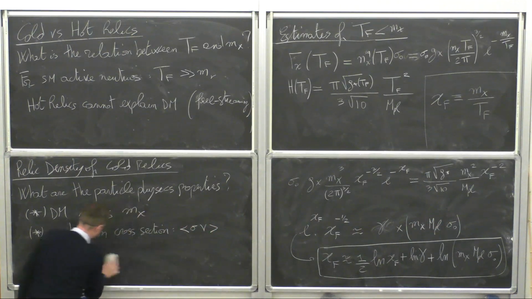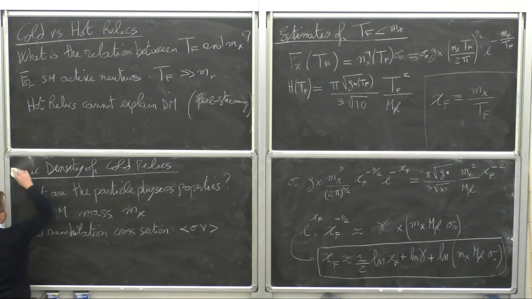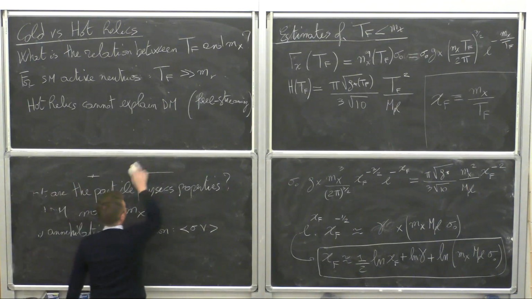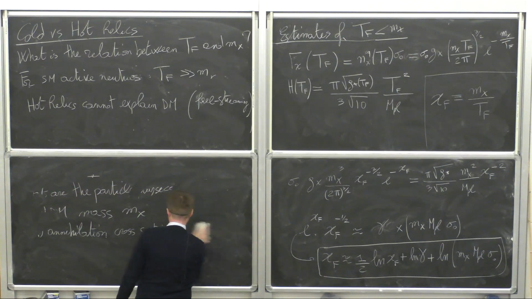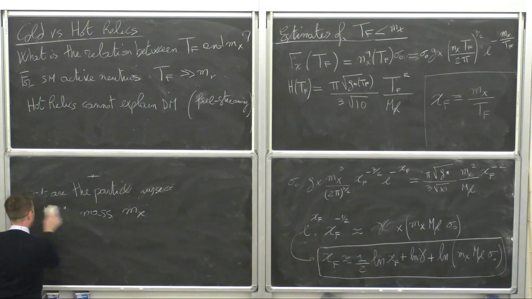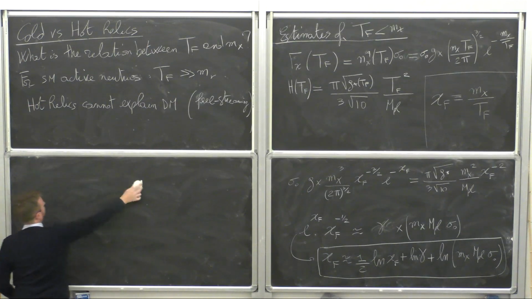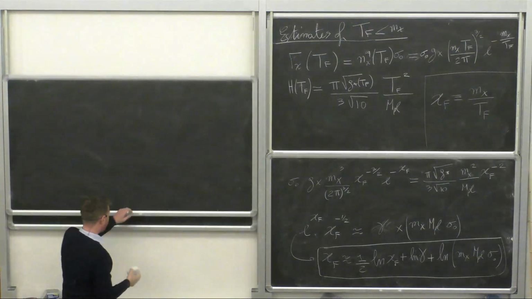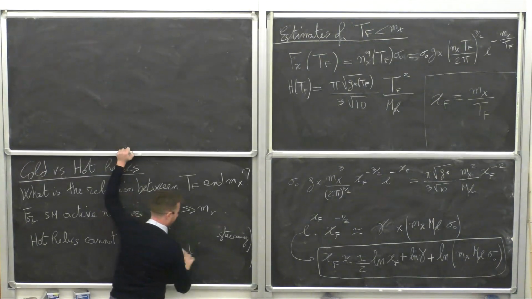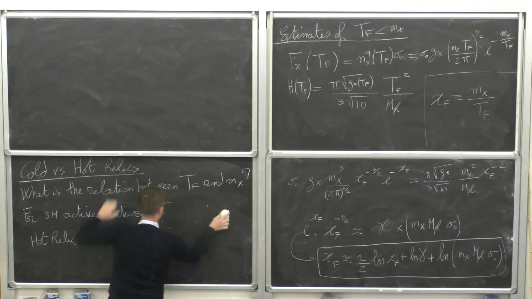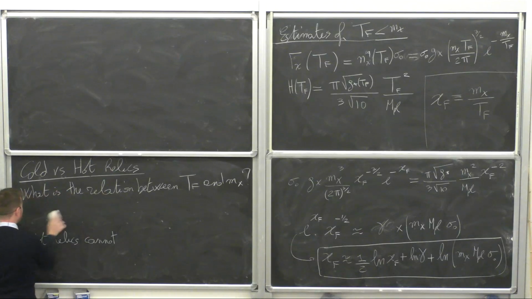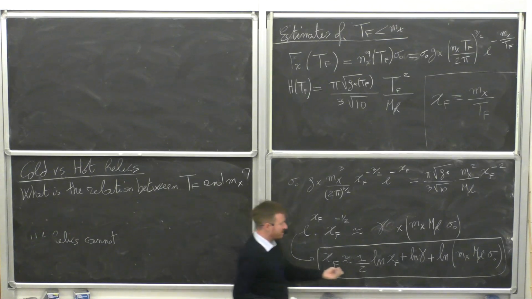To do this, we need to specify some typical numbers. I will do this calculation by choosing a benchmark, the benchmark of weakly interacting massive particles, WIMPs. But even if I move the mass by a couple of orders of magnitude, there is a very small sensitivity.